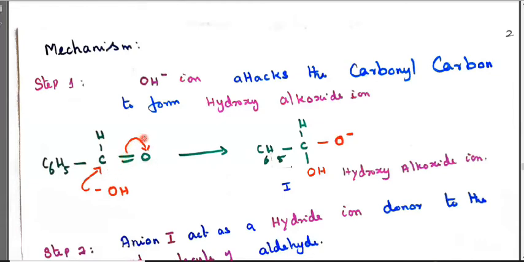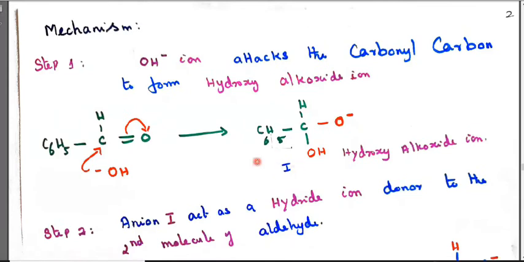So oxygen attracts the electrons toward itself, and carbon acquires a plus charge, so the nucleophile OH minus easily attacks the C plus. So it forms C6H5CH(OH)O minus, the hydroxy alkoxide ion. We consider this full structure as 1.